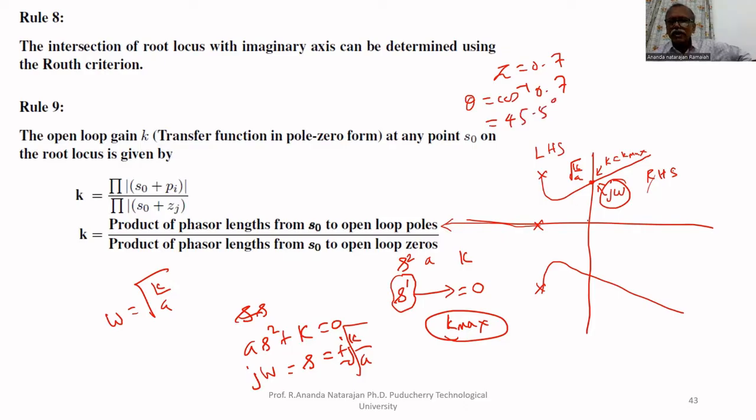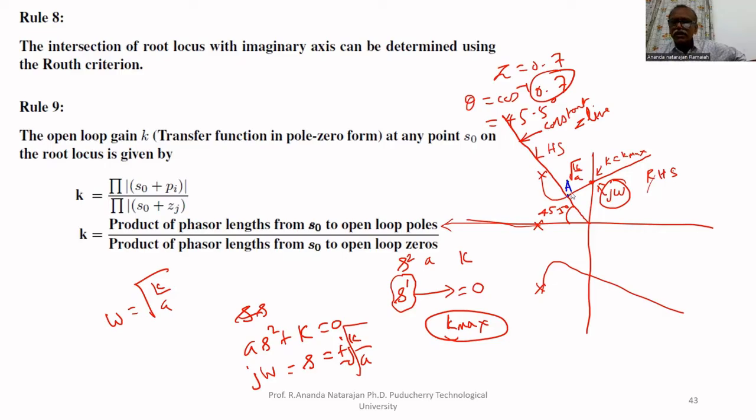So I have to draw a line at 45.5 degree. This is called the constant zeta line, zeta equal to 0.7. Now it intersects the root locus at A.